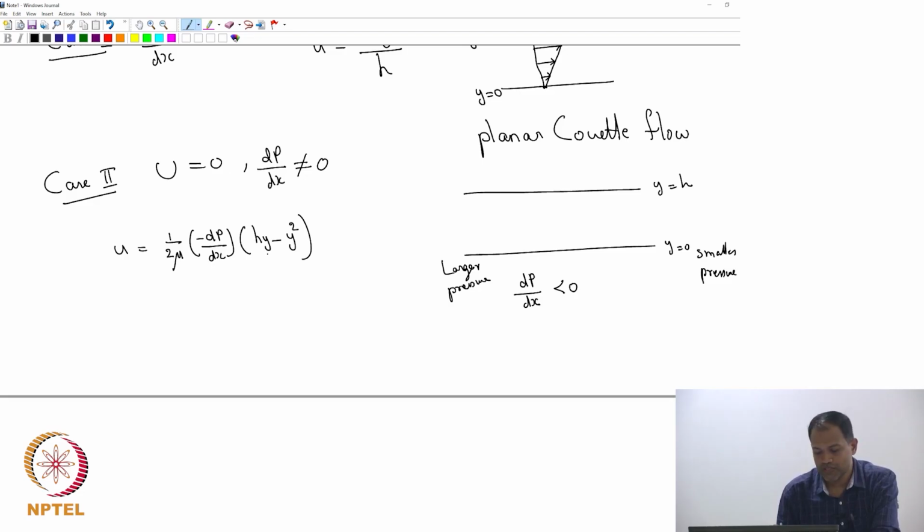At y is equal to 0, u is 0, at y is equal to h, u is again going to be 0, somewhere in between it is going to be a maximum, and that maximum can only be at the center then.